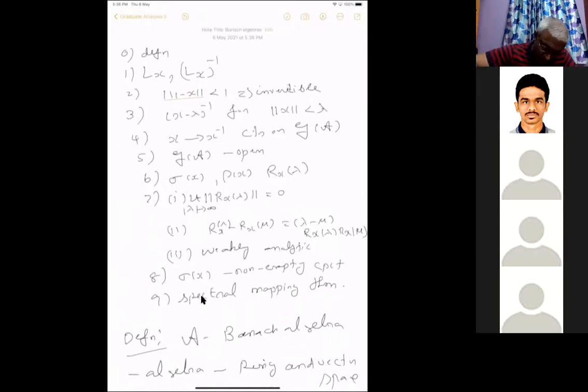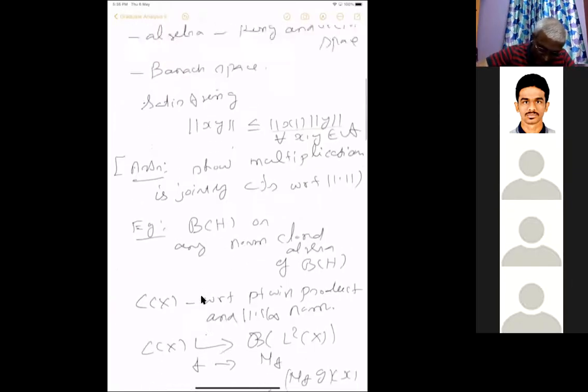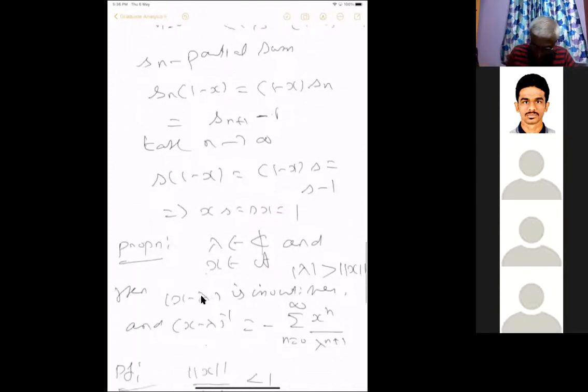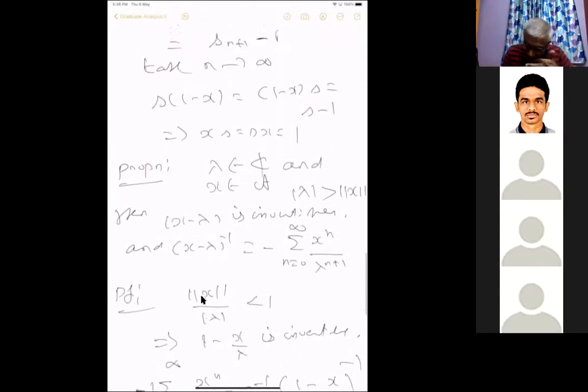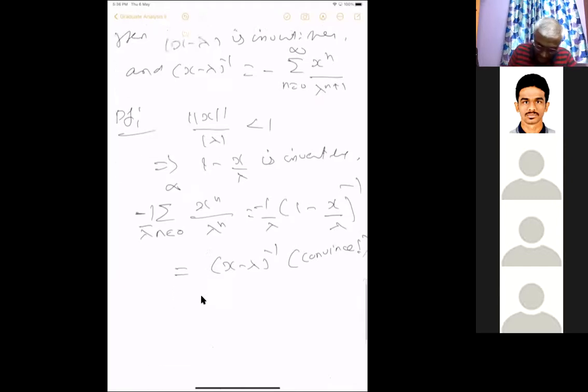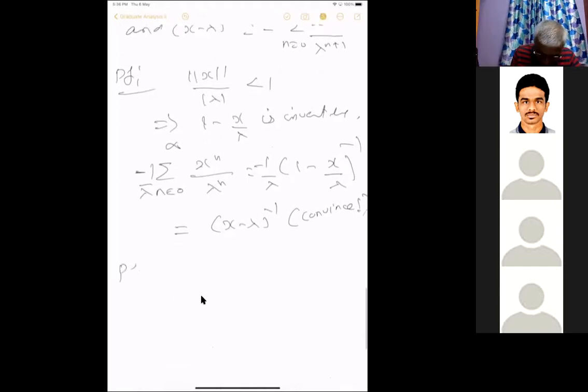Next, I want to prove that the inverse map is a continuous map. These are the two things we have proved: if the norm of 1 minus x is less than 1, then x is invertible, and if for a scalar lambda, mod lambda is greater than norm x, then x minus lambda is invertible. The third thing we want to prove is this proposition.